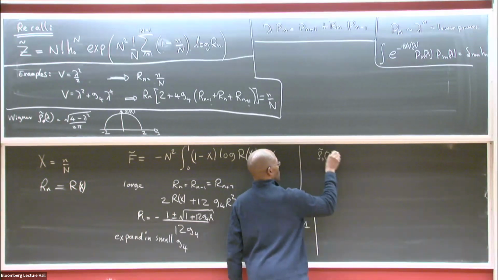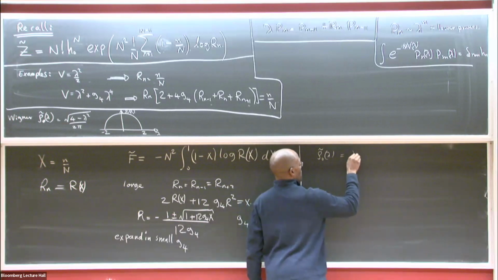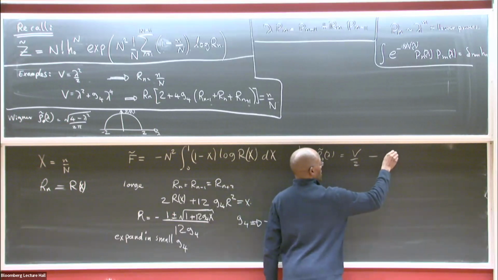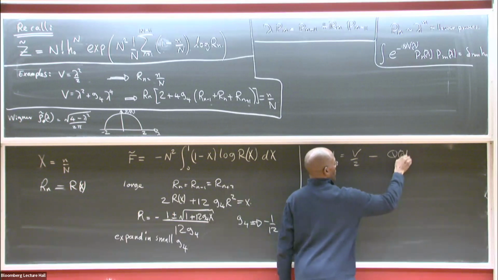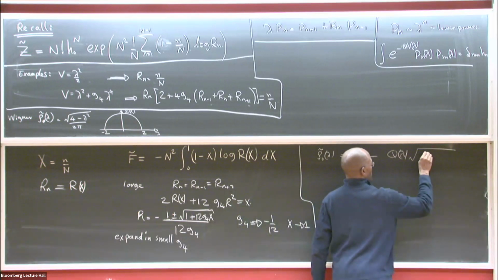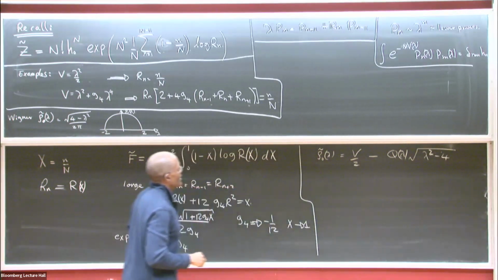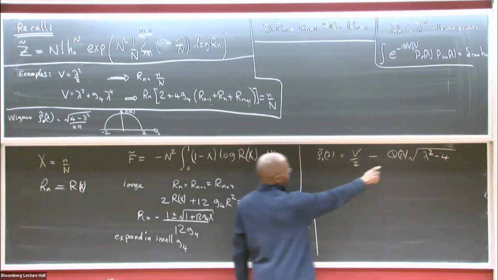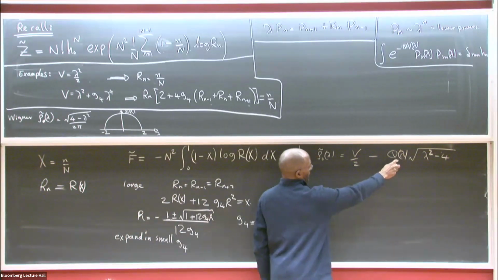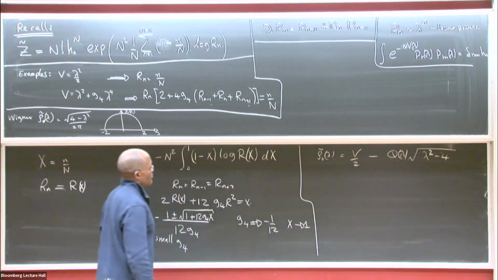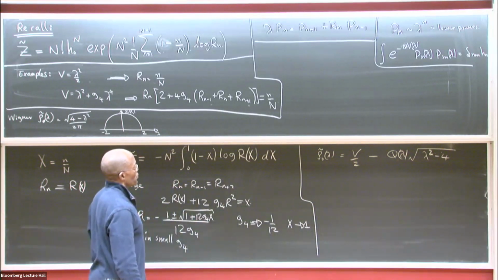Lambda, rho of lambda was v/2, and then there was some polynomial, and then there was the thing that came from the cut behavior, like that. And that was all very nice, and we had conditions on the function this came from that told us what Q was.